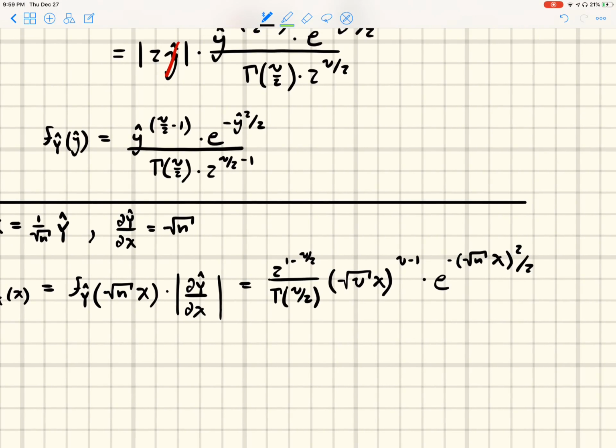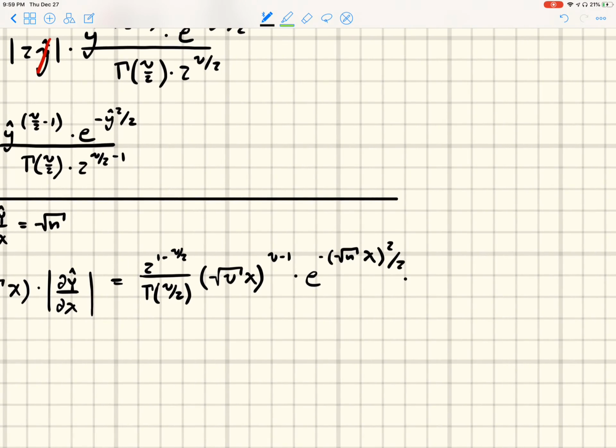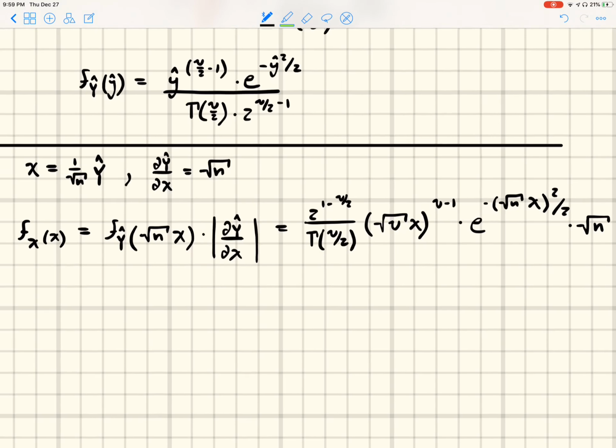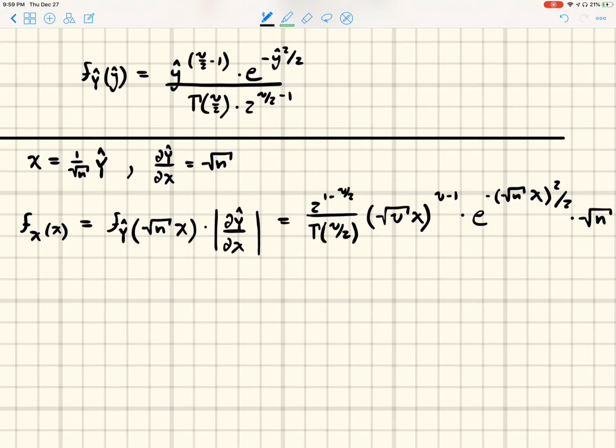We have this expression, and we're going to simplify this. And the simplification comes out to be, the one we want at least, looks a bit like this.